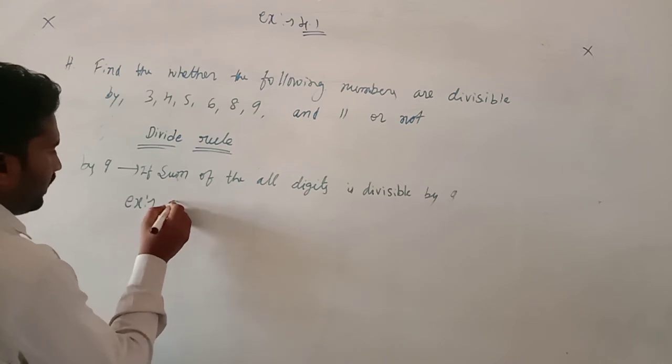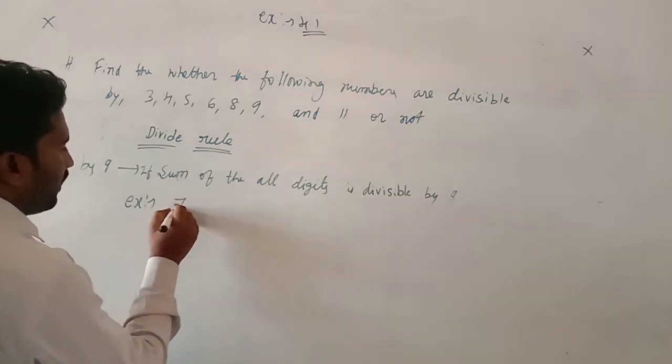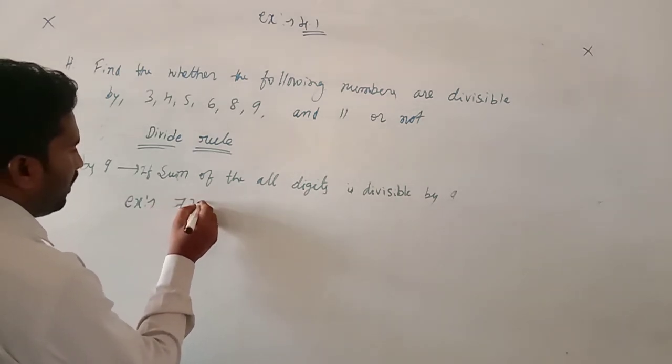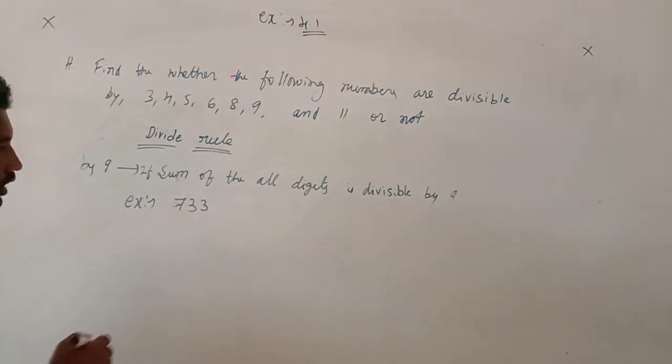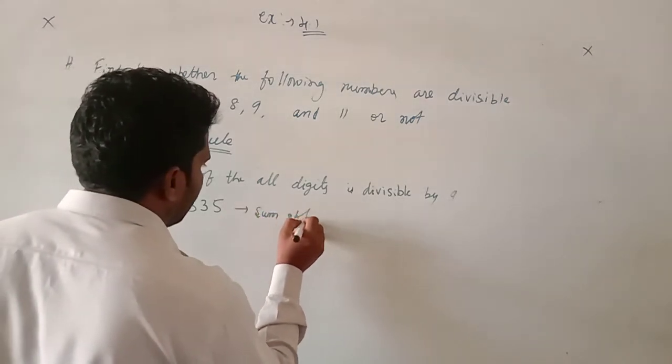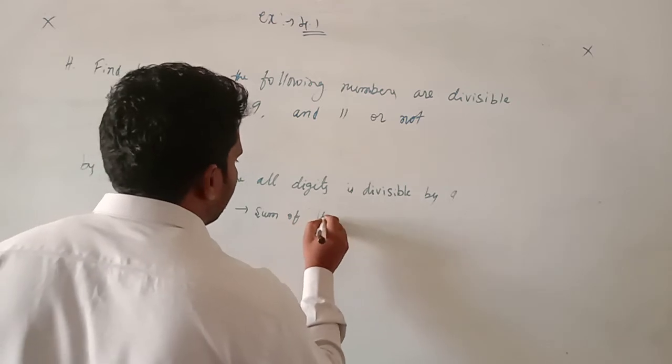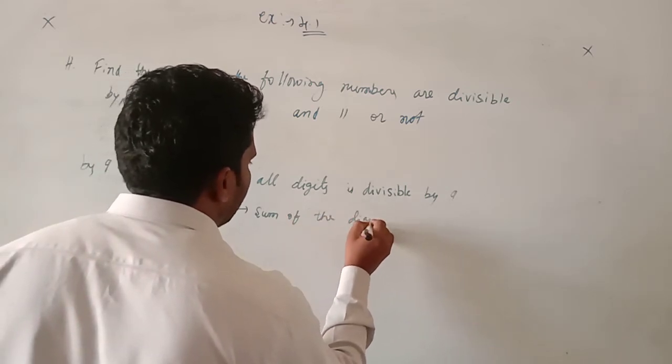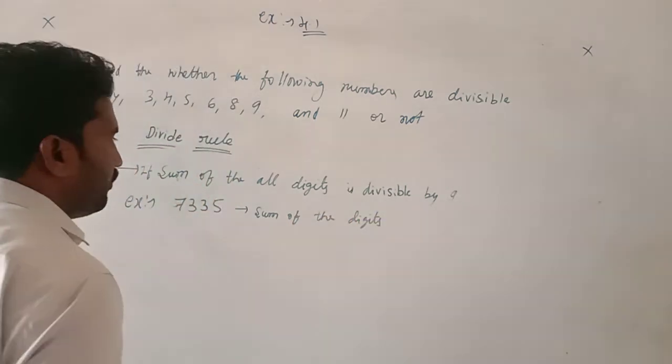Example, that is 7335. So what is the sum for it? Sum of the digits. So we have to check only the sum of the digits.